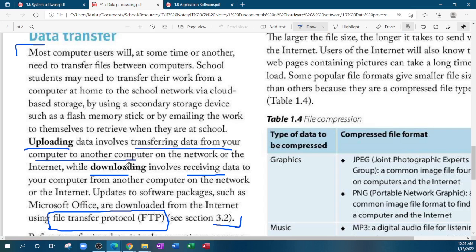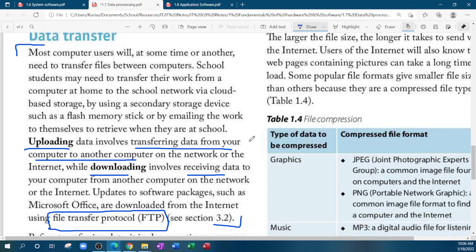So, uploading is when you transfer data from your device to another device. So, when you send a picture to one of your friends, when you send a document, once you're transferring something from your device to another person's device, that is called uploading. Now, once you are receiving, that is called downloading.